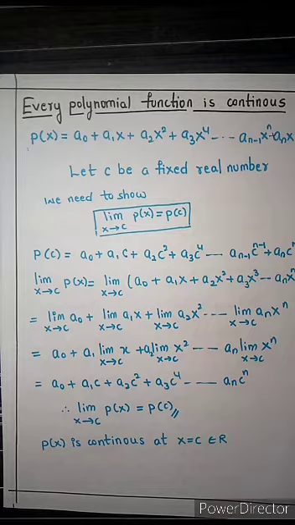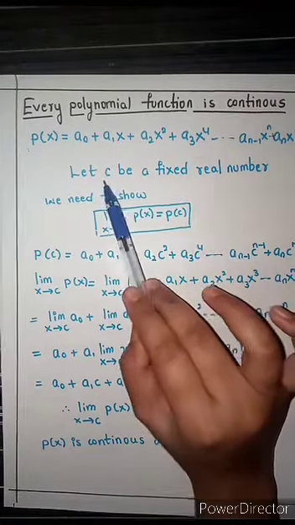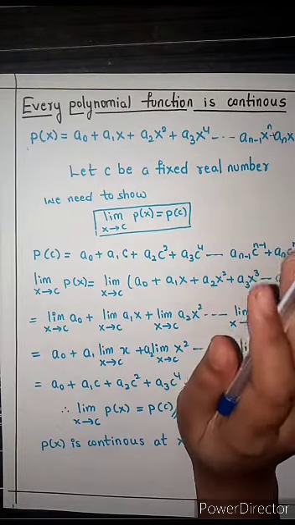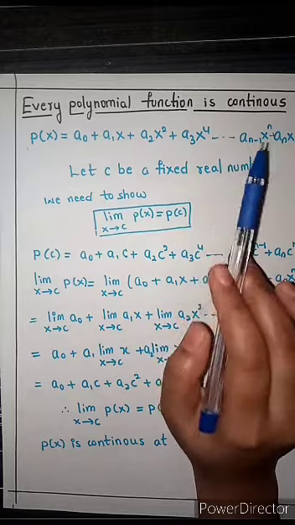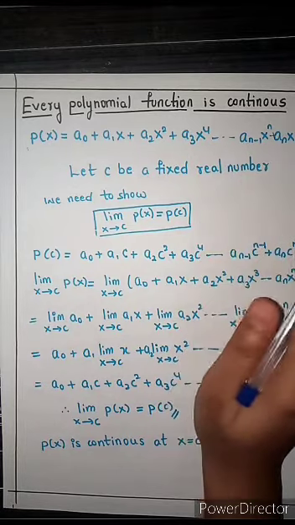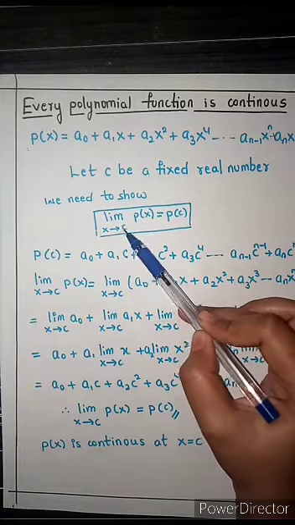Okay, p of x is a polynomial function and this is defined for all real numbers. Let us take c to be a fixed real number. Now check whether it is continuous or not. To check, let's take the limit.